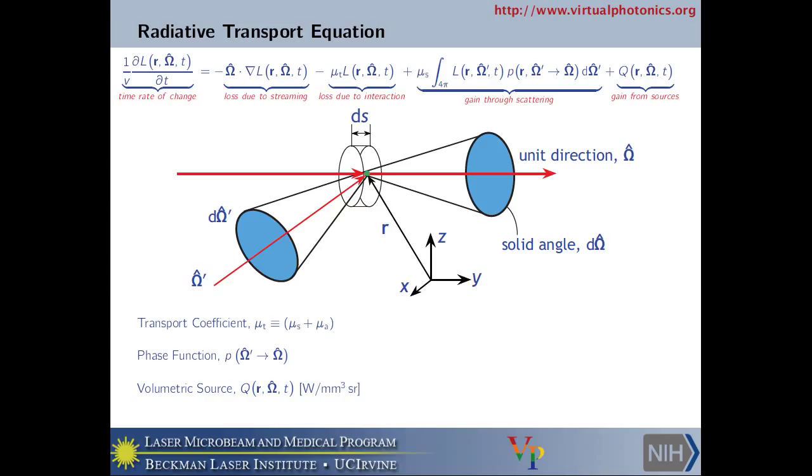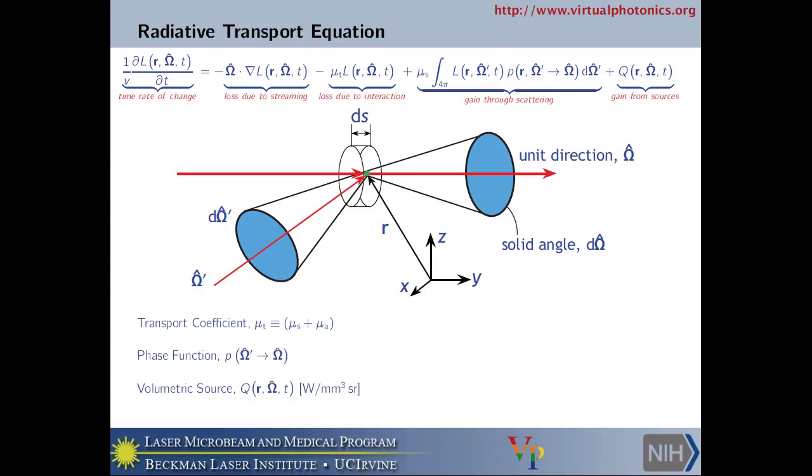It'll be another direction, but out of omega, it can also be lost due to scattering. So mu t, the transport coefficient or total interaction coefficient, is the sum of mu a and mu s. You have a loss there, so you have a negative sign there. So these are the two ways you can lose light: through propagation and through interaction, absorption or scattering.